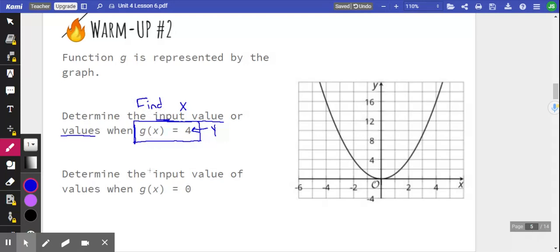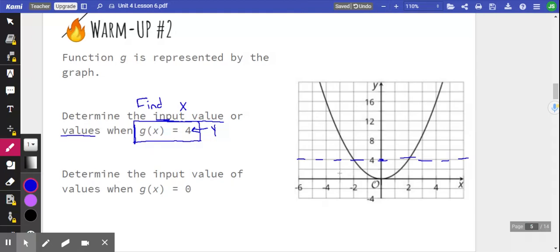So I've got to look at the graph a little differently this time. I've got to pay more attention to my y-axis. So the y-axis going straight up and down here, and oh, I see a 4. So we're talking about right here. But the y-axis, guys, we want all of these numbers right here across that line. All of those points have a y that's equal to 4.